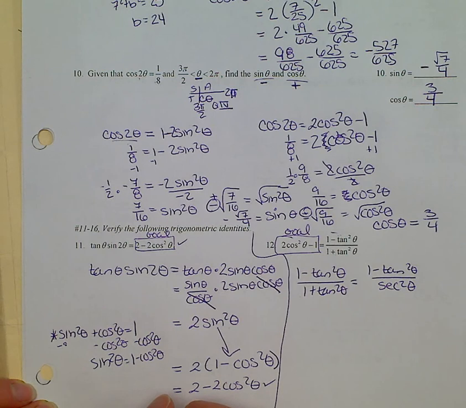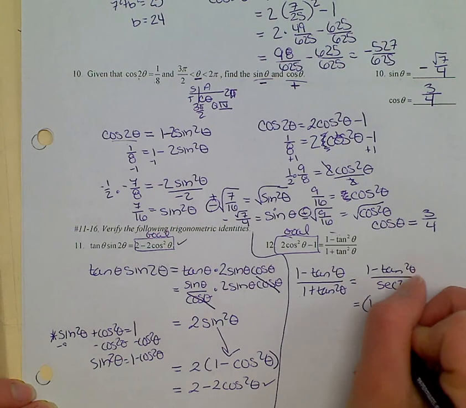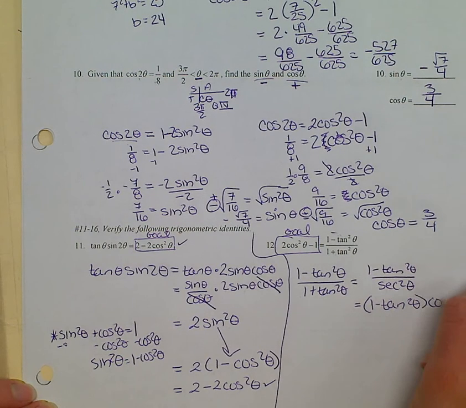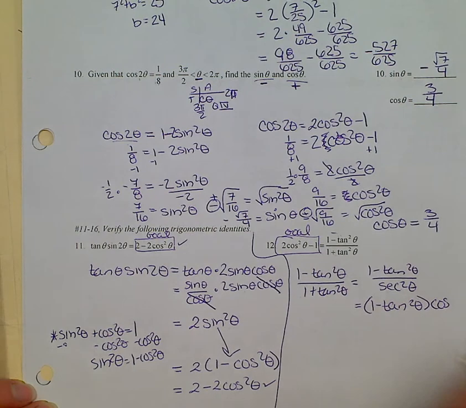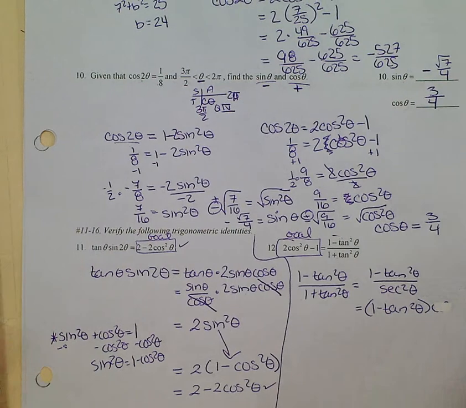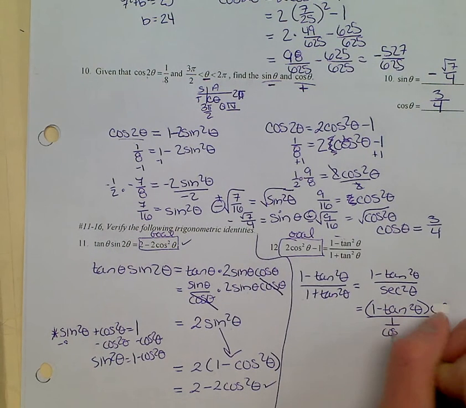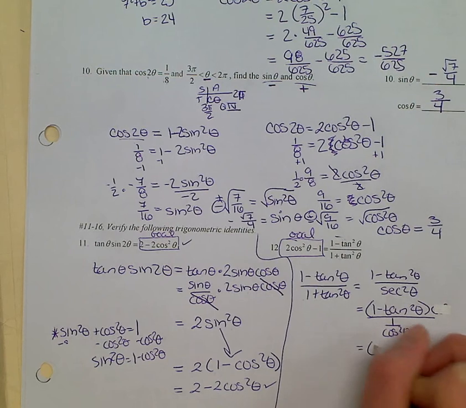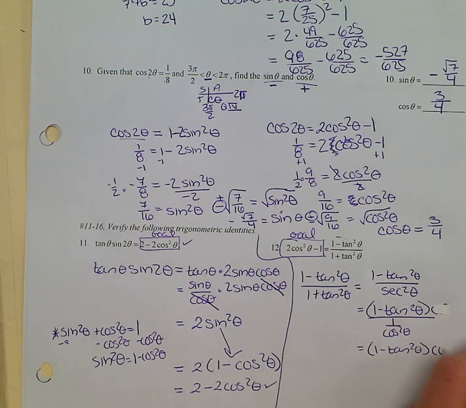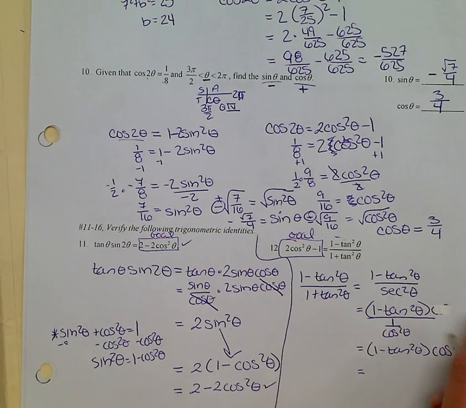What I'm going to do is bring my secant into my numerator. I'm going to change that into, well, actually I'll backtrack a step here, because most of you write it out as 1 over the cosine squared and then multiply by the cosine squared. We can distribute the cosine.